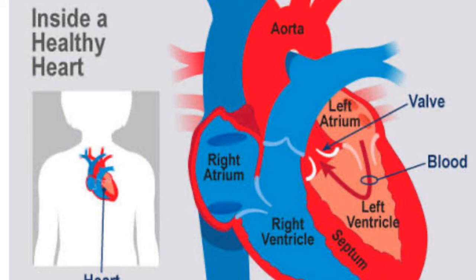At the same time, carbon dioxide, a waste product of metabolism, passes from the blood into the air sacs. Carbon dioxide leaves the body when you exhale. Once the blood is purified and oxygenated, it travels back to the left atrium through the pulmonary veins.